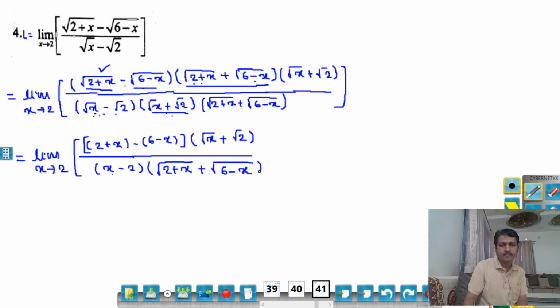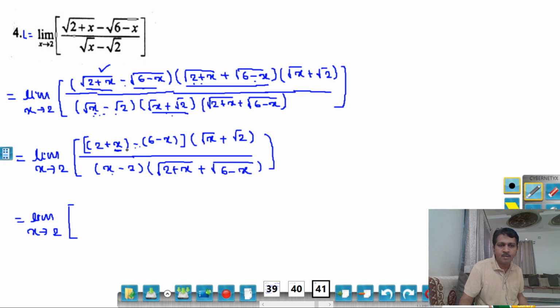Very easy problem. This is equals to, now, limit x tends to 2, the numerator: x minus 2 into minus, plus, minus into minus, plus x.